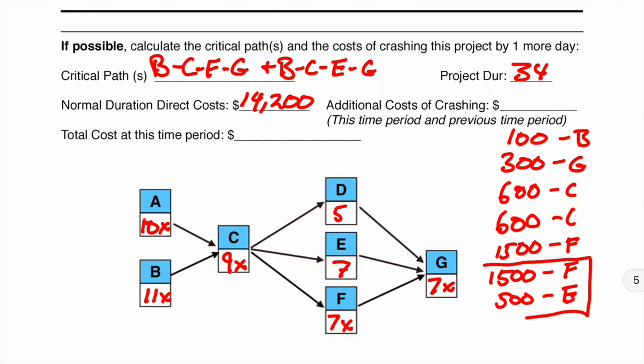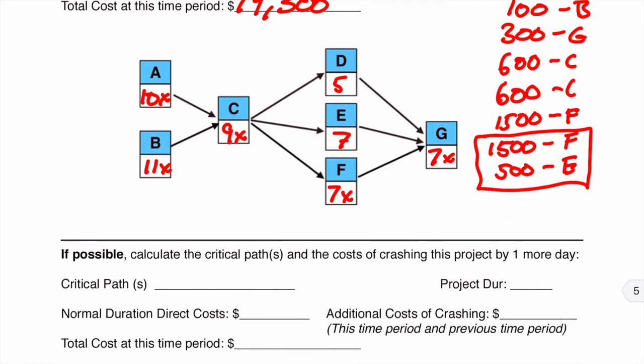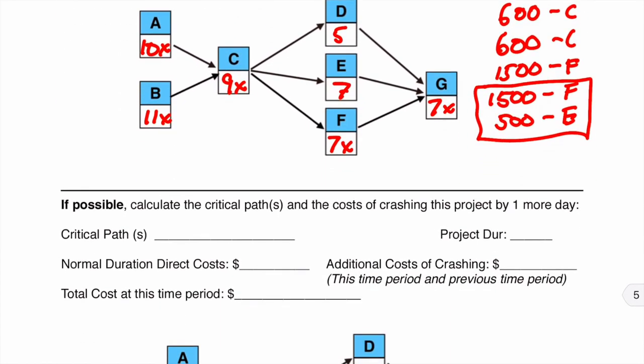These two were from the last time increment together. But if you tally these all up and add them to our normal duration direct costs, you'll find that this is $19,300.